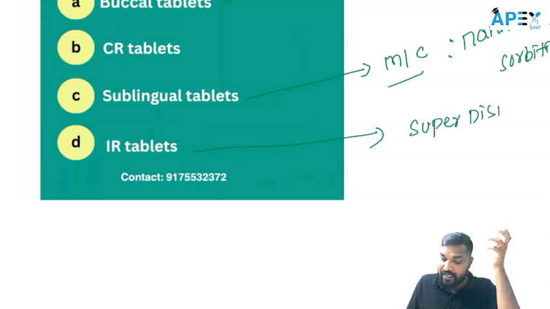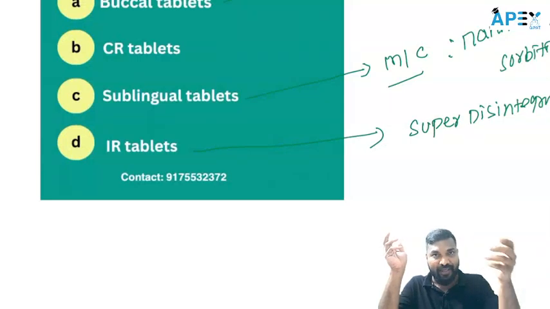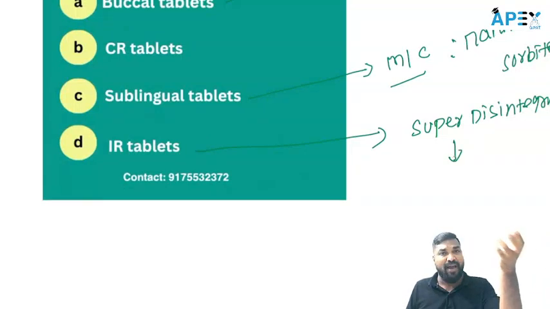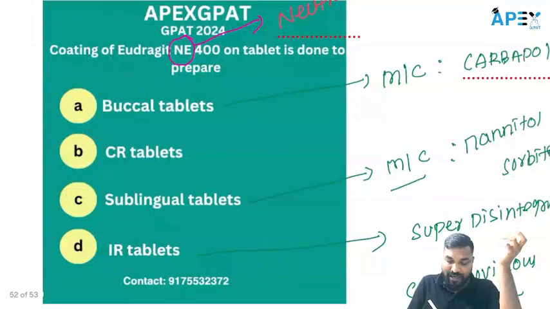Super disintegrants facilitate faster breaking of the tablet so that the drug will release immediately. For that purpose, we use one of the famous super disintegrants like crospovidone.